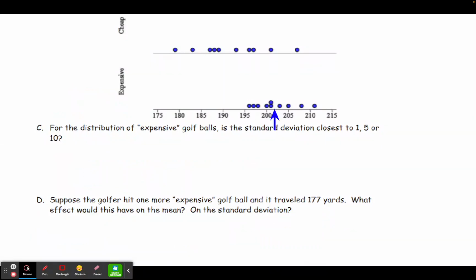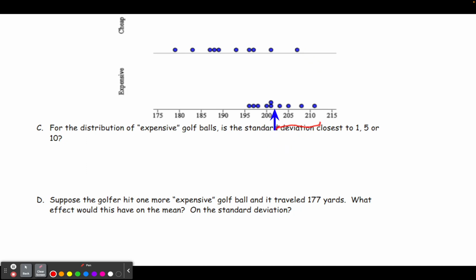And part C says for the distribution of expensive golf balls, is the standard deviation going to be closest to 1, 5, or 10? So I have an arrow there again, marking where the middle is. And we want to look at what is a typical distance from the mean. So one way that I would do that is I would maybe look at from here to here, right? How much deviation actually is occurring?